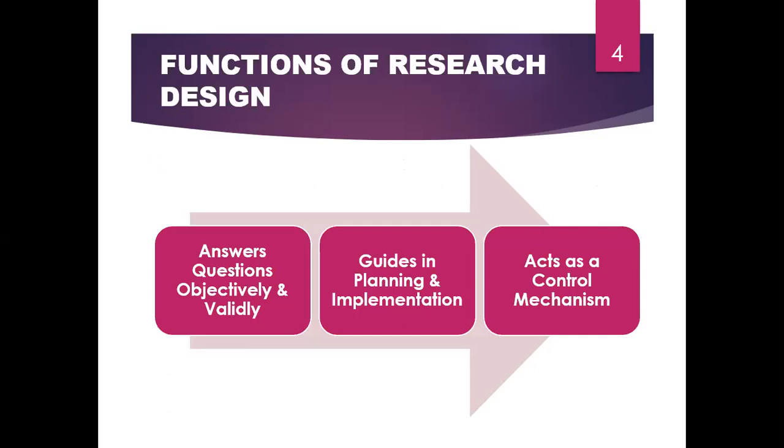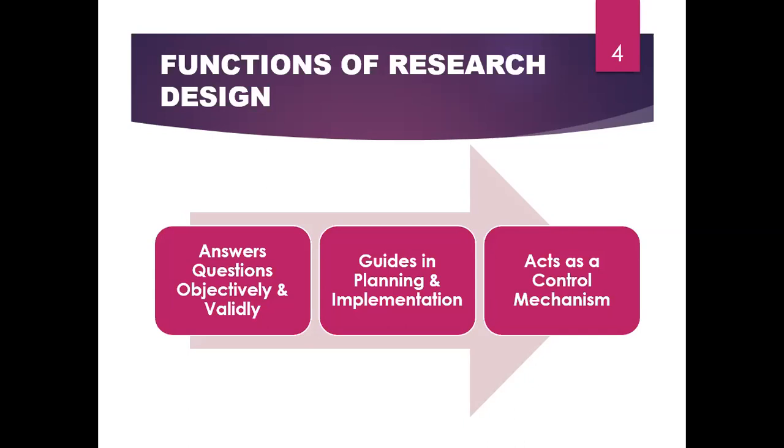What are the functions of research design? Why do we need a research design, or why is it important to have a research design? A research design allows smooth implementation of the research process. It helps to arrange the ideas in a systematic way. It finds the answers to the research questions objectively and also validly. It guides the researcher in planning the steps of the research process and then implementation of the research process.